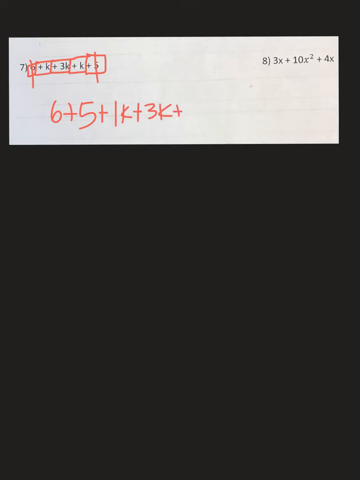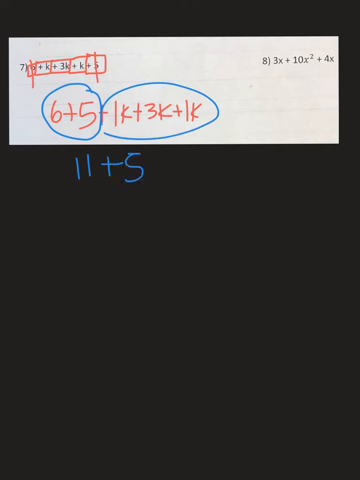Okay, so to combine them, we've got our 6 plus 5, which would give us 11. And then we have 1k plus 3k plus 1k, which would give us a total of 5k.